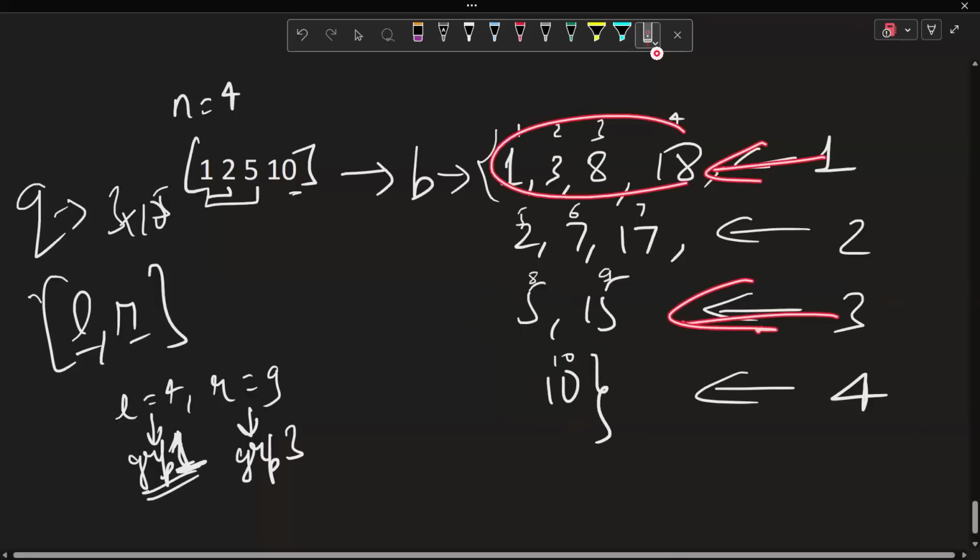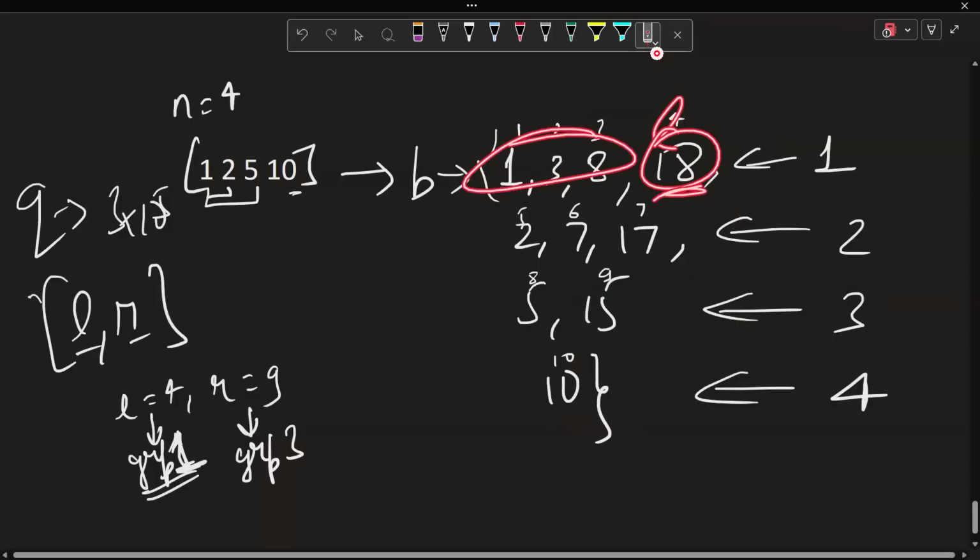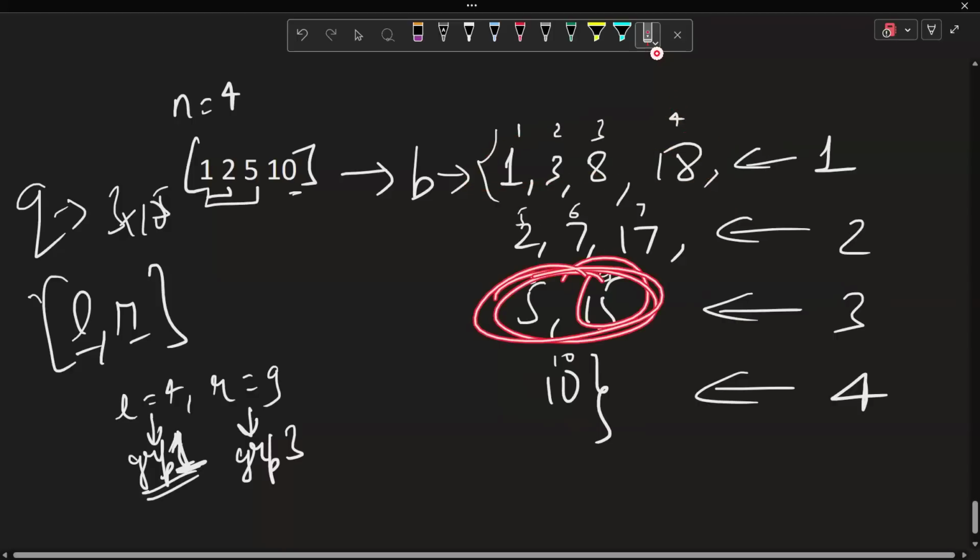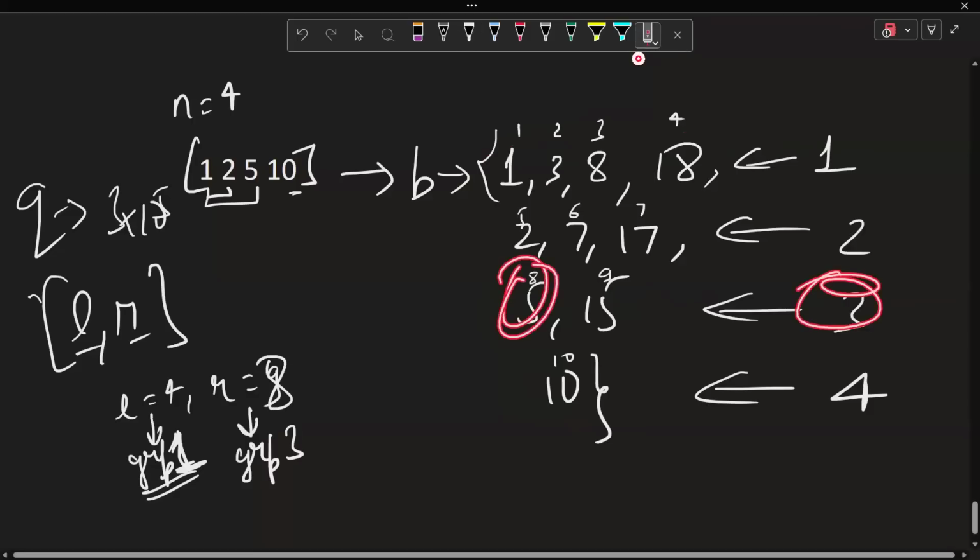Group 1 would come partially because L is somewhere here, only 18 is coming, this is not coming. For group R, here both of them were coming. If R was, let's say, 8, it would still belong to group 3, but only this would be counted, this ninth index won't be counted.